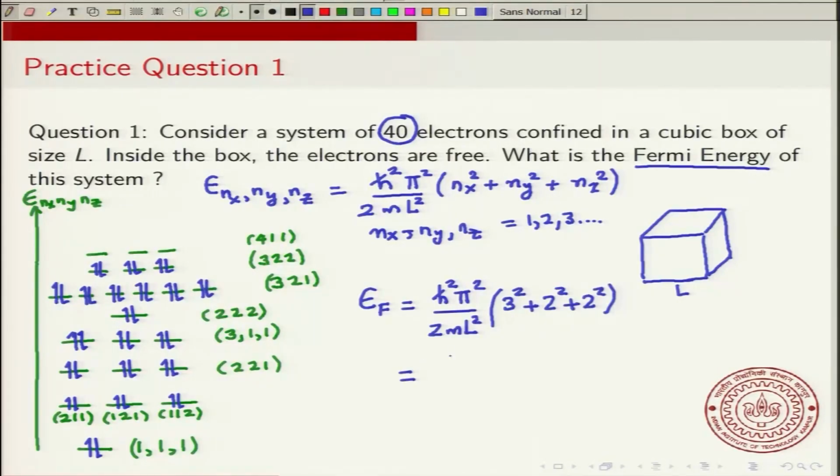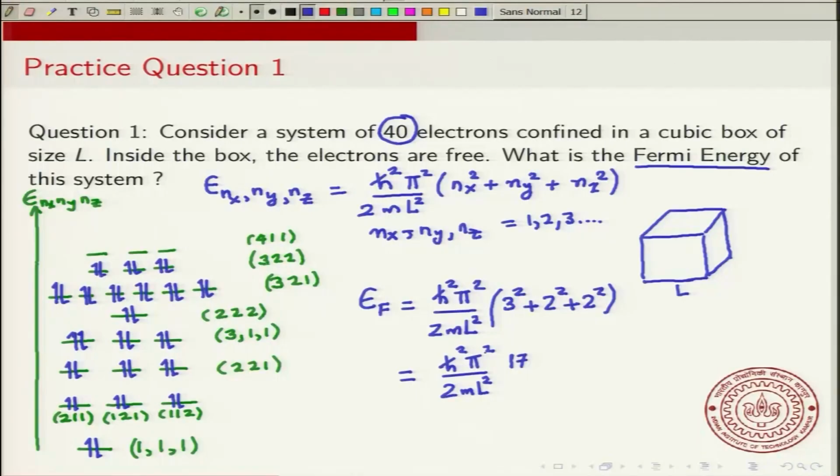Okay, and in units of h cross square pi square by 2 m l square, 9 plus 4 plus 4, that is 17. Okay, so this is the value of the Fermi energy of this system.